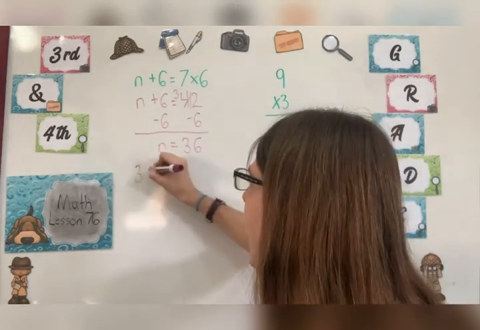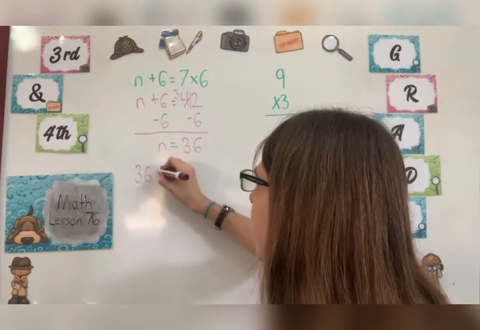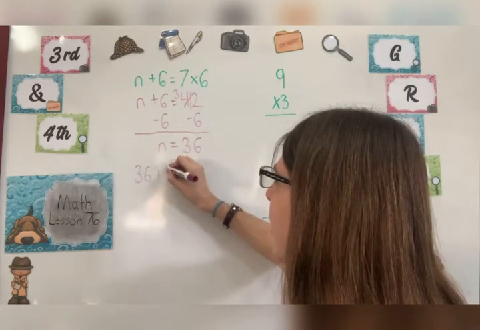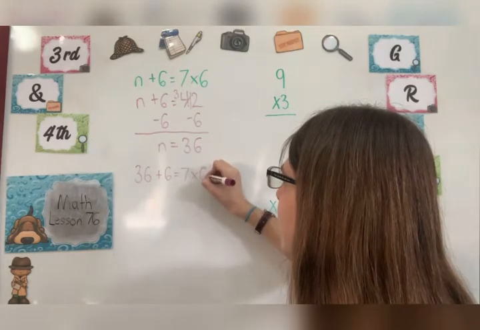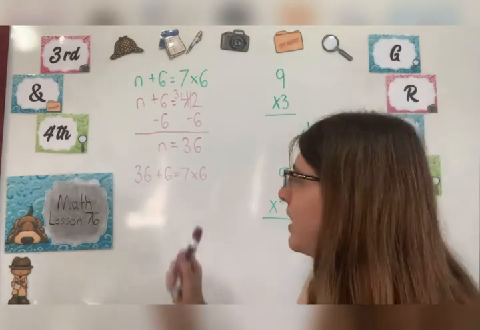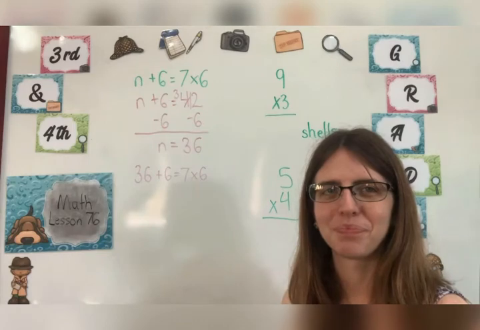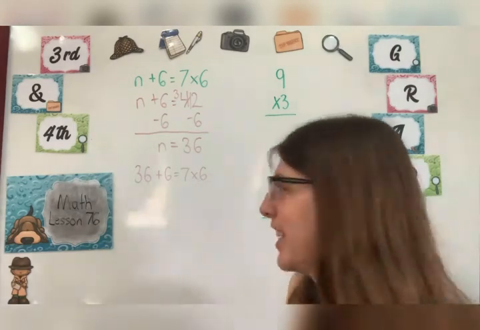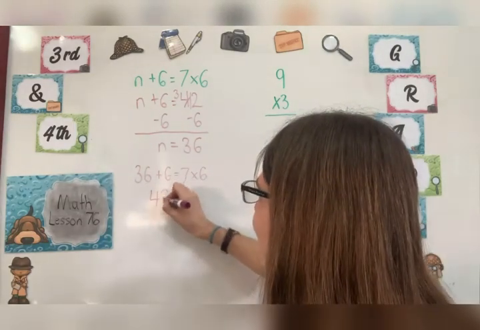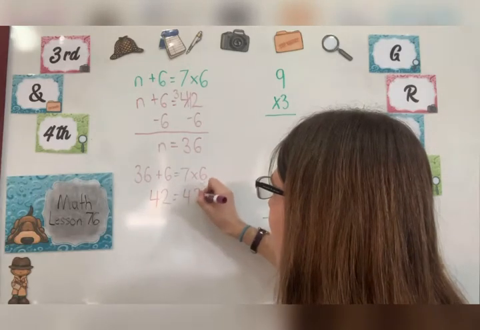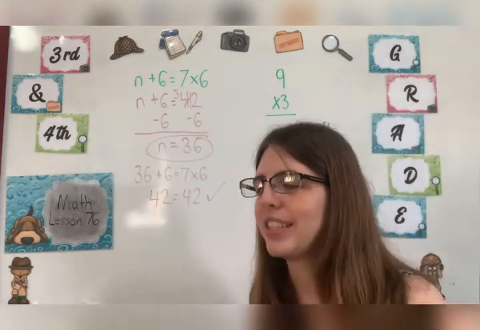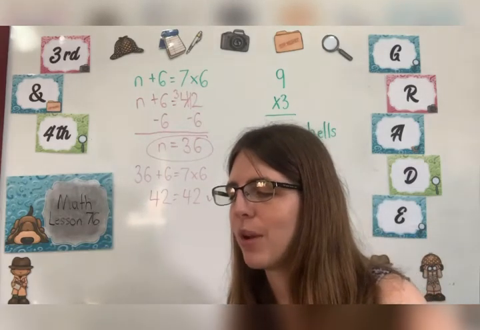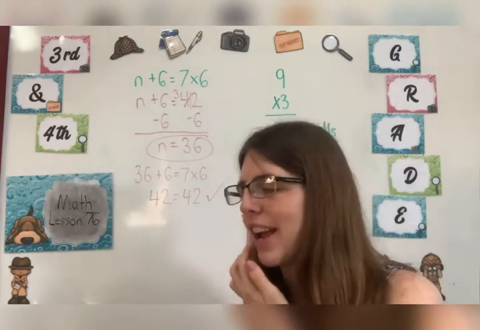So we put 36 in place of n: 36 plus 6 equals 7 times 6. What's 36 plus 6? It's 42. And 7 times 6 is 42. My answers match, so it is correct. Do the same thing with letter B. Start with 2 times 3 and go from there.